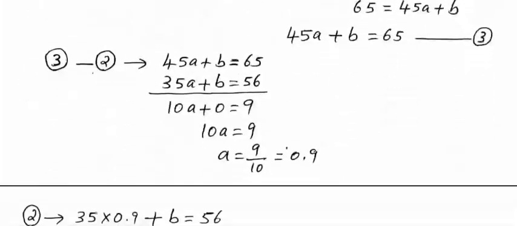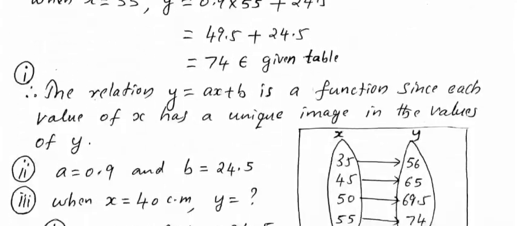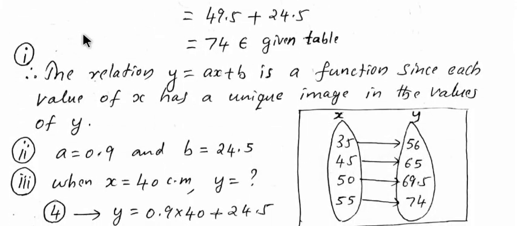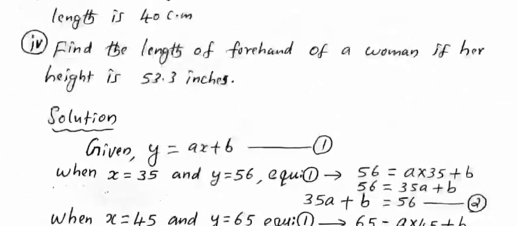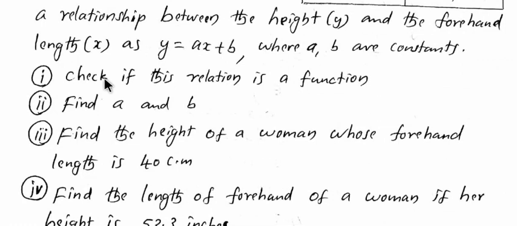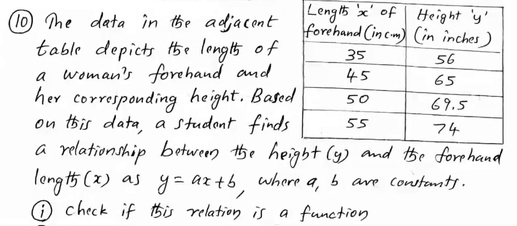Therefore, here we can say, in the first question, what is the first question? Here we have to check if this relation is a function. This given table is the relation here. Is it a function or not?